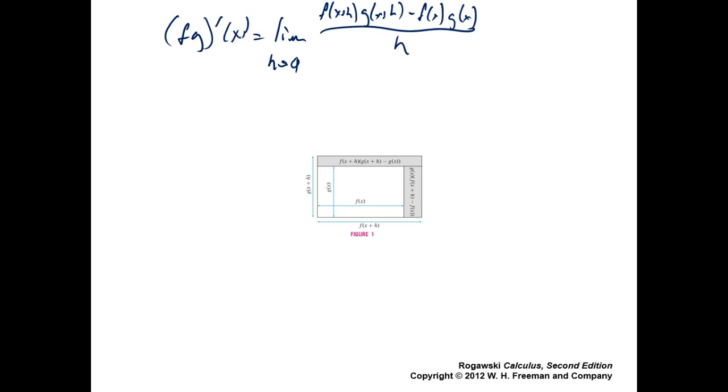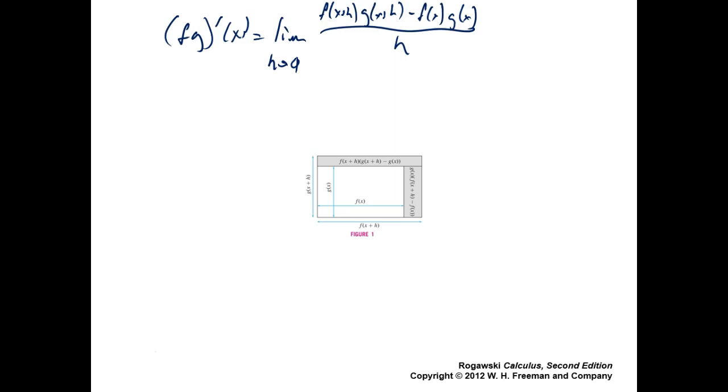Now, if you look at the difference between the outer and the inner, this one up here is f of x plus h, which is this length, times g of x plus h minus g of x, that gives that length.